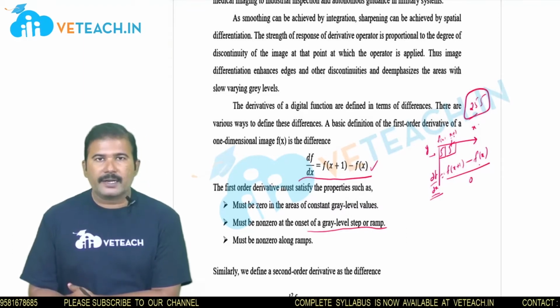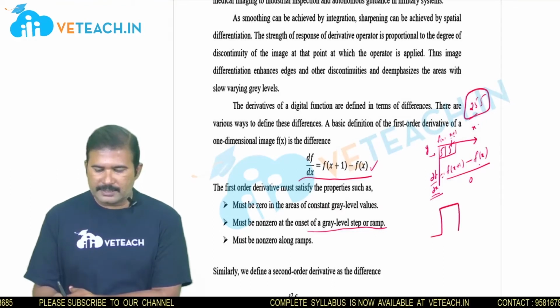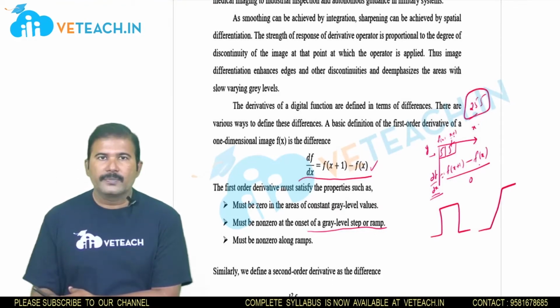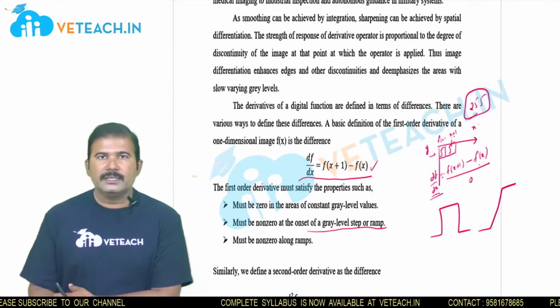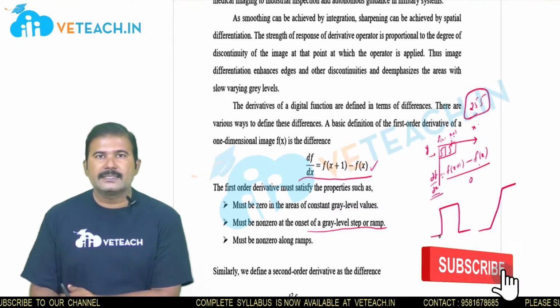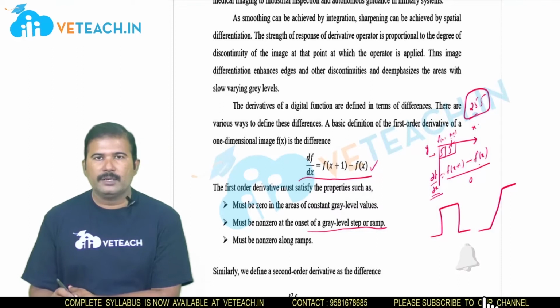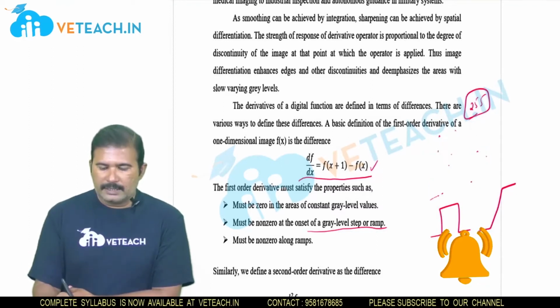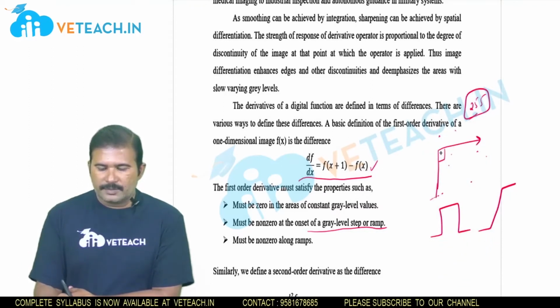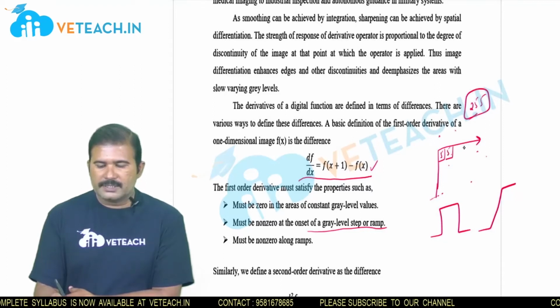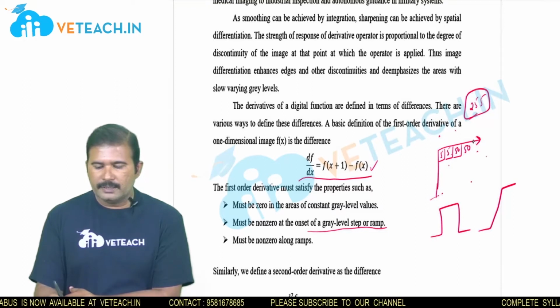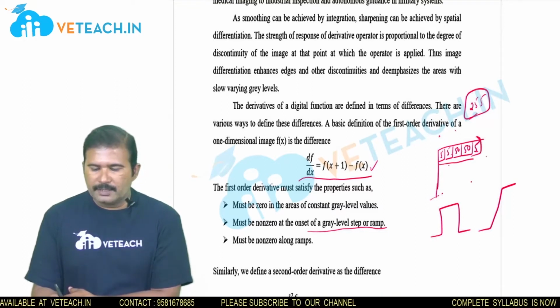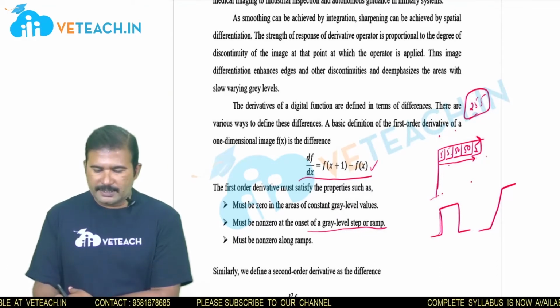Gray level step or ramp means we can define it like this. Whenever this kind of profile is obtained in the image, there is a sudden change in the gray level value. Suppose along the x-axis, the first pixel value is 5, the second pixel is 5, the third is 50, the fourth is also 50, and again 5. This kind of gray level value profile is represented as a step.